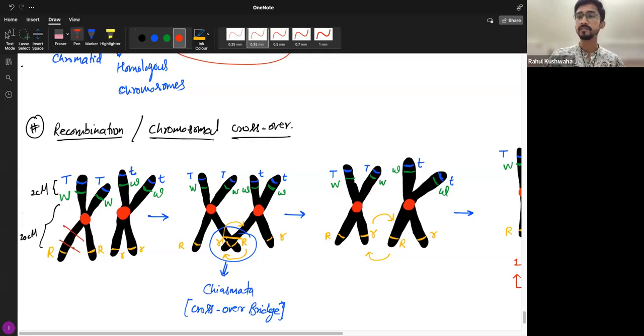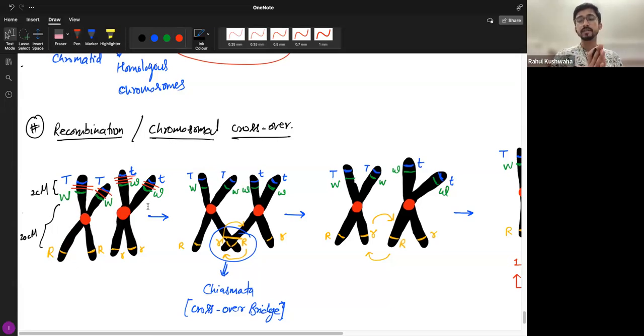If it happens here, here, here, anywhere, the chances of W and R getting separated and making new recombinants is more. But the chances of W and T getting separated is very less, and it will only happen if crossing over happens in these locations. Do you agree? Less chance.